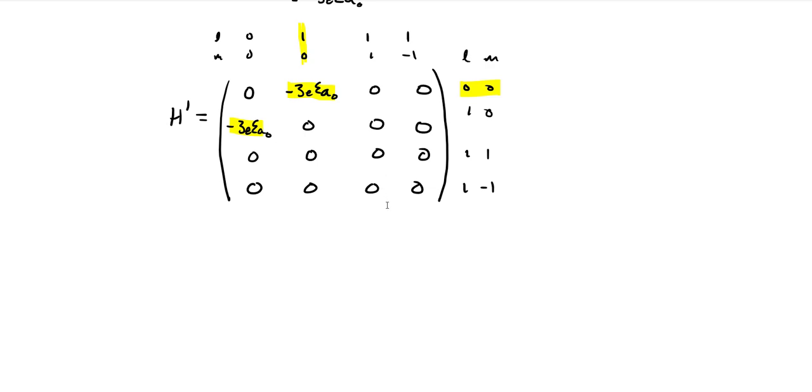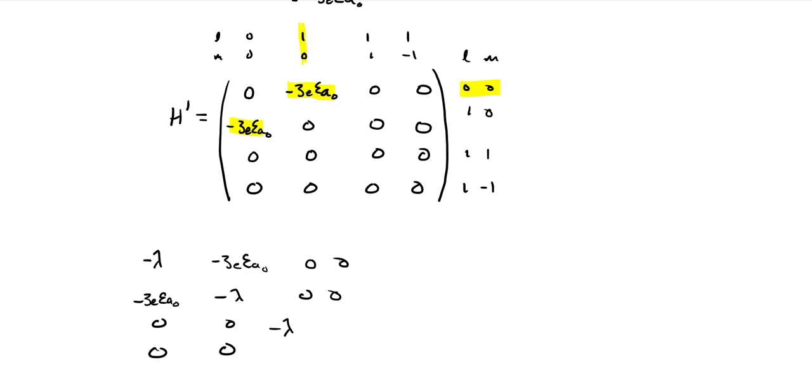Degenerate perturbation theory says what we have to do is diagonalize that Hamiltonian in the degenerate subspace. So we take the determinant: negative lambda, negative 3 e a naught, 0, 0, 3 e a naught minus lambda, 0, 0, 0.